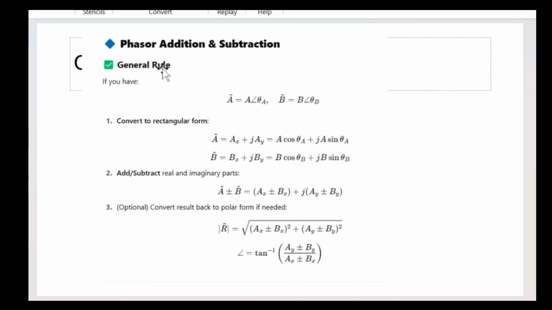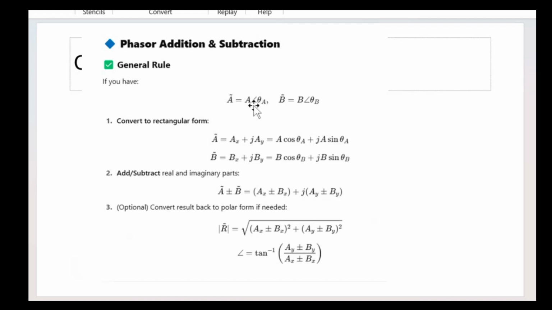As we mentioned before, phasors simplify multiplication and division. However, if we want to do addition or subtraction, it's much easier to first convert the phasors to rectangular format and then perform the addition or subtraction. And here is the equation for how we convert a phasor to its rectangular format.